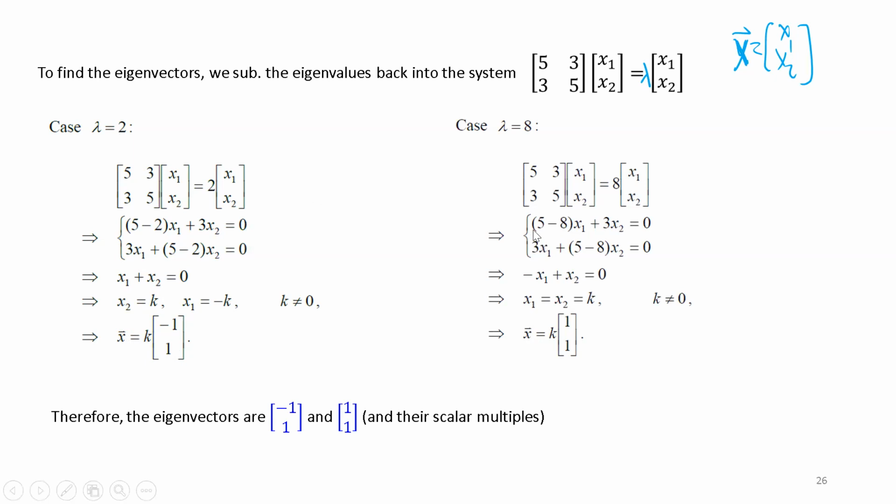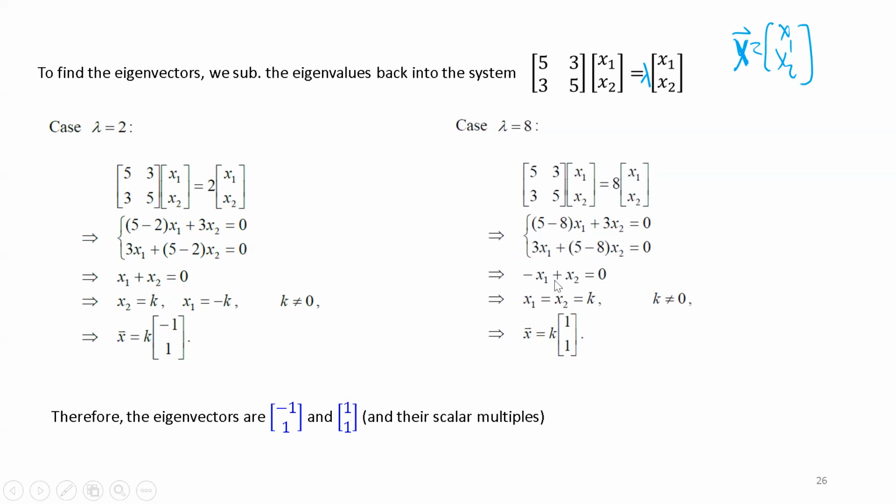For the other case, lambda equals 8, we just do the same thing: we substitute this back into the system. This time, you'll find that minus x1 plus x2 equals 0, instead of x1 plus x2 equals 0.